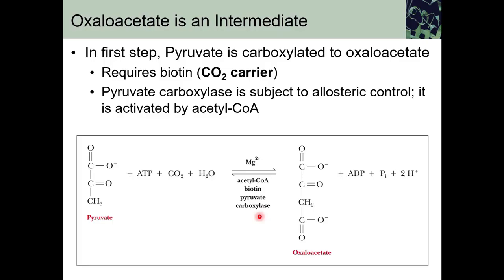Pyruvate dehydrogenase oxidizes pyruvate into acetyl-CoA, and that acetyl-CoA is the one that enters the Krebs cycle, or the tricarboxylic acid cycle.